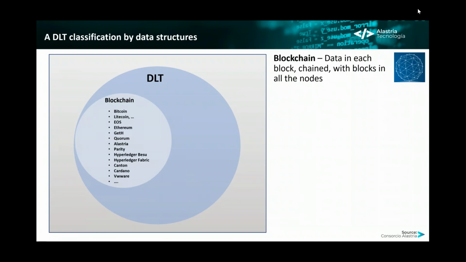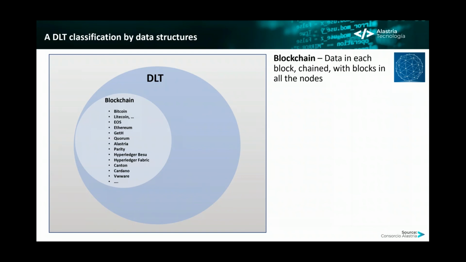The blockchain systems in the DLT world are a special type of DLT that contains the data chained in each of the blocks. You see that there are different implementations of blockchain, different technologies. We will see some of them later in more depth.